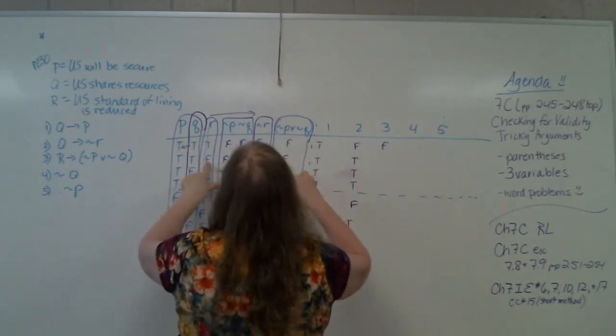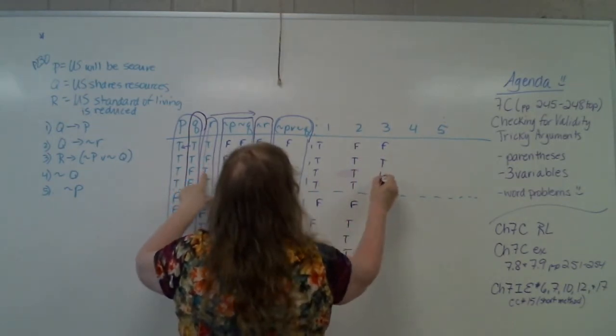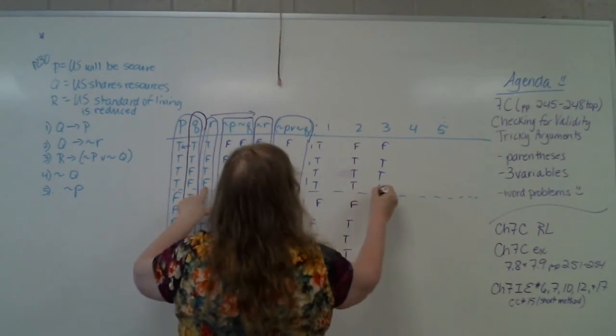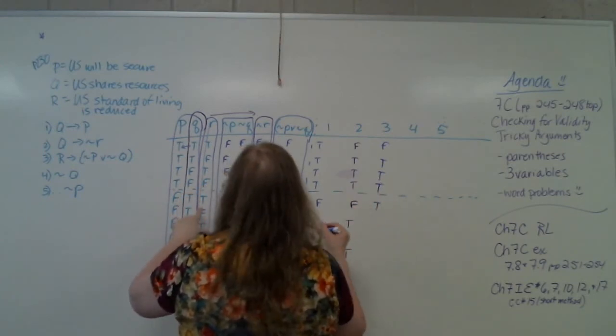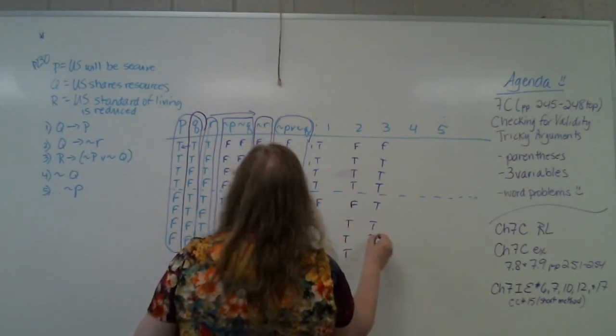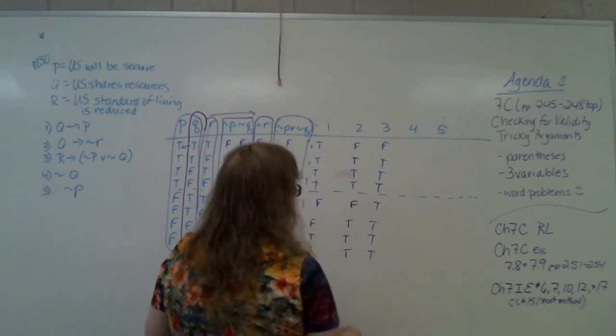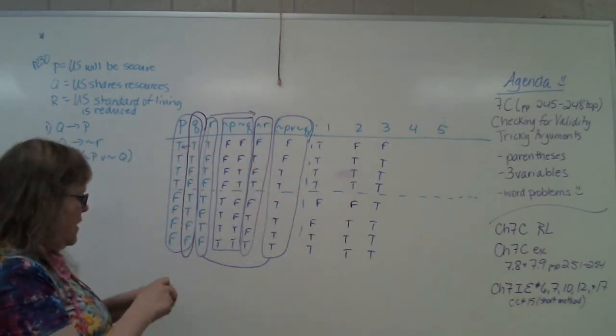My false is always true. True to true is true. False. True to true is true. False is true. True to true is true. False to true is true. Okay? Lots of truth there. Okay?